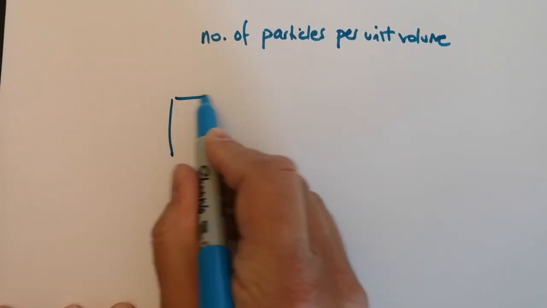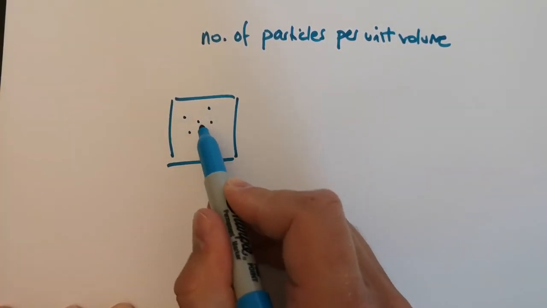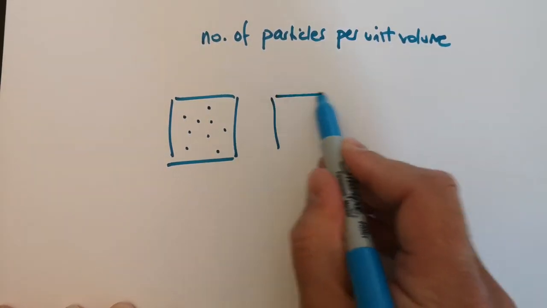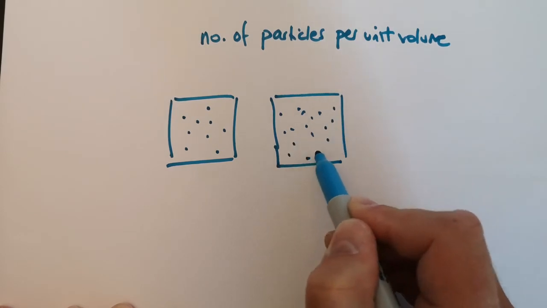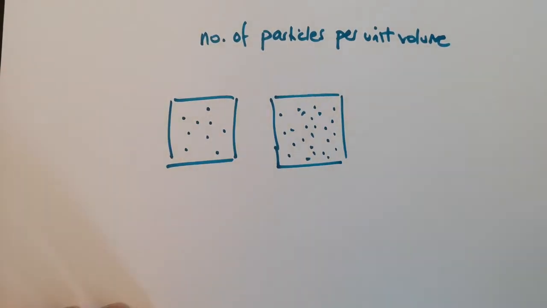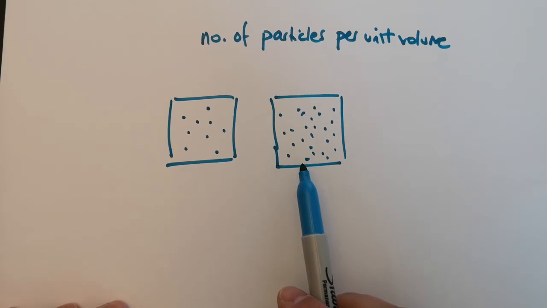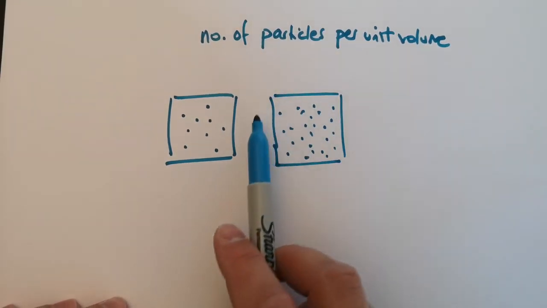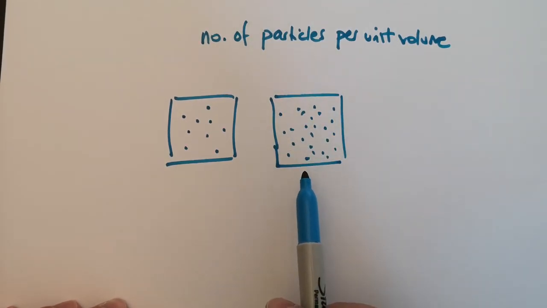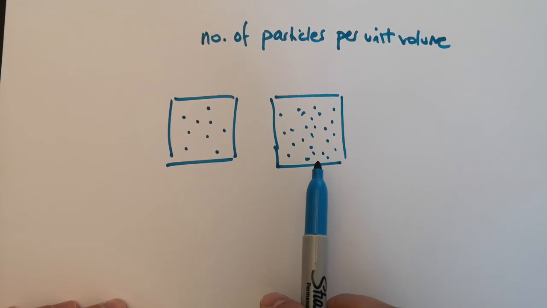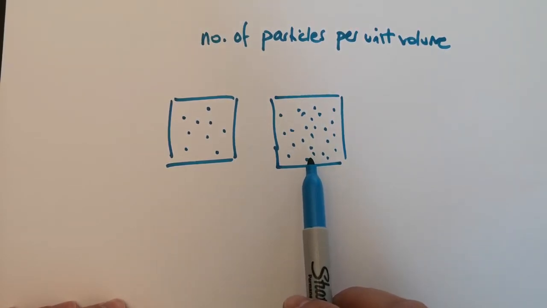So imagine we have some particles in a box. You should be able to see that the right hand box has more particles in it, simple as that. So this has a higher concentration. That's if it's liquid particles. Imagine that that is then a solution and these are the solute particles. There's a higher concentration. If this is a gas, these are the gas particles. You can see that there's more gas particles here, so there would be a higher pressure.